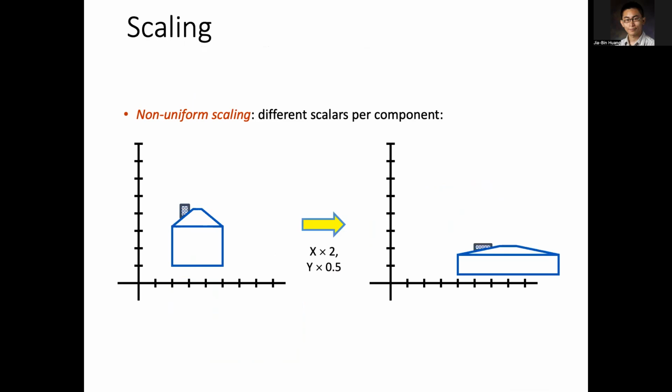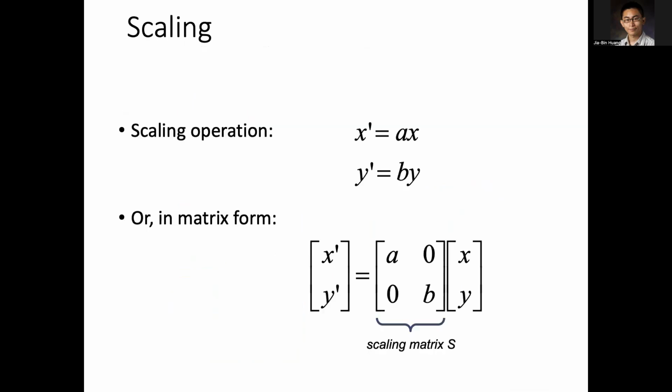All this can be described by simple linear equations: x prime, the new x coordinate, is a times x, and y prime is b times y. Expressed in matrix form, x prime, y prime equals a scaling matrix that scales x by a units and y by b units.